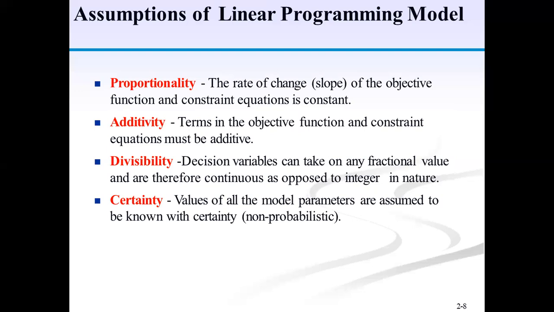Divisibility: decision variables can take on any fractional value and are therefore continuous as opposed to integer in nature. Certainty: the values of all the model parameters are assumed to be known with certainty, and this is non-probabilistic.